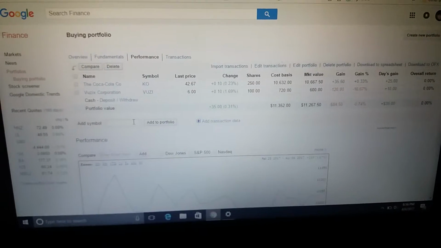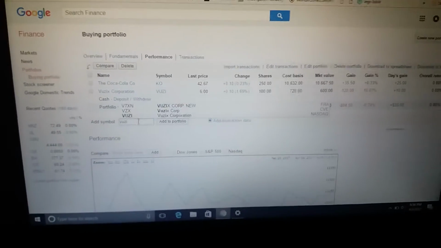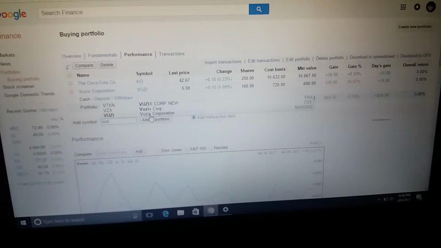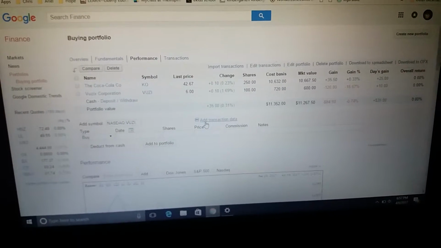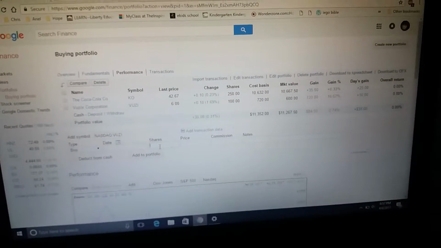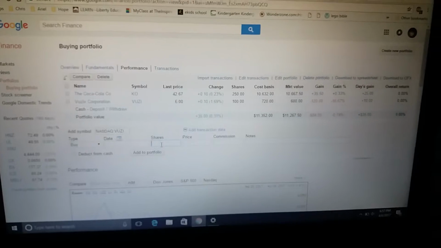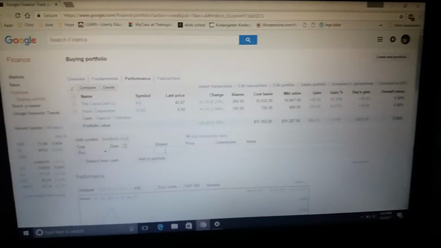Again, we're going to put in VUSI, because that's next. Make sure you hit the right one for NASDAQ. Add transaction data. Buy 100, and continue to add each one.